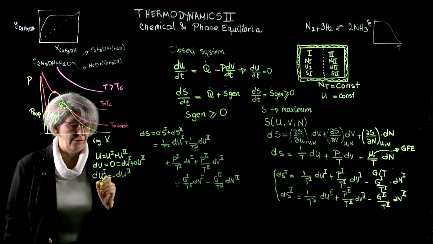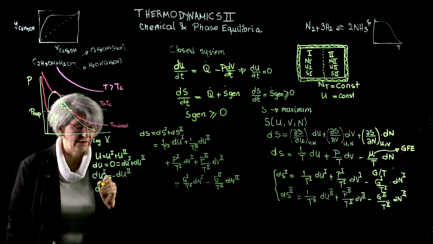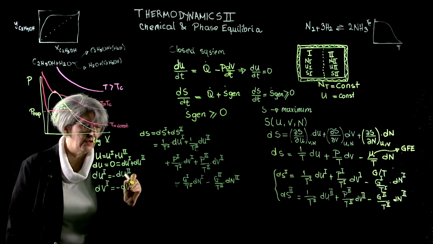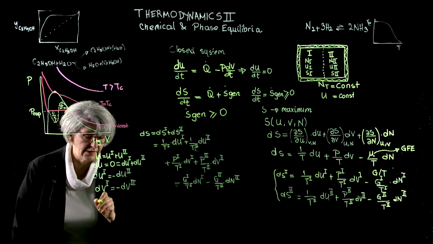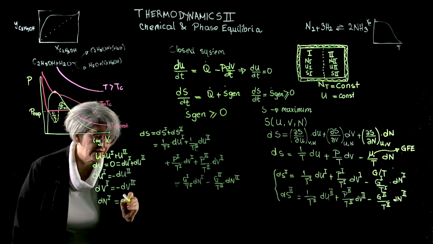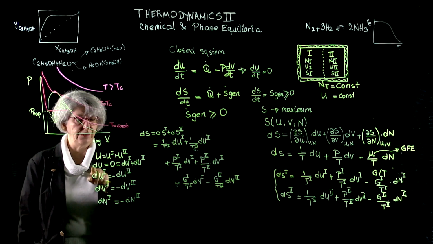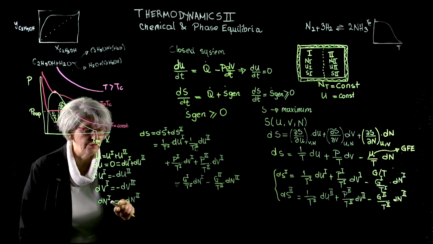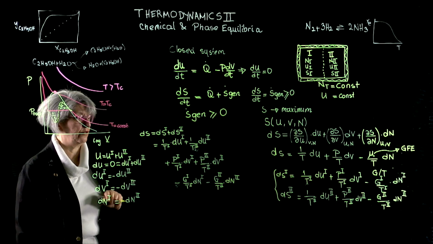Similarly, from the constant total volume, we get dV1 to be equal to minus dV2, and from constant number of moles, we get dN1 to be equal to minus dN2. Right? Derivation of dV1 equals minus dV2 and dN1 equals minus dN2 are the same as we derived this dU. Okay?